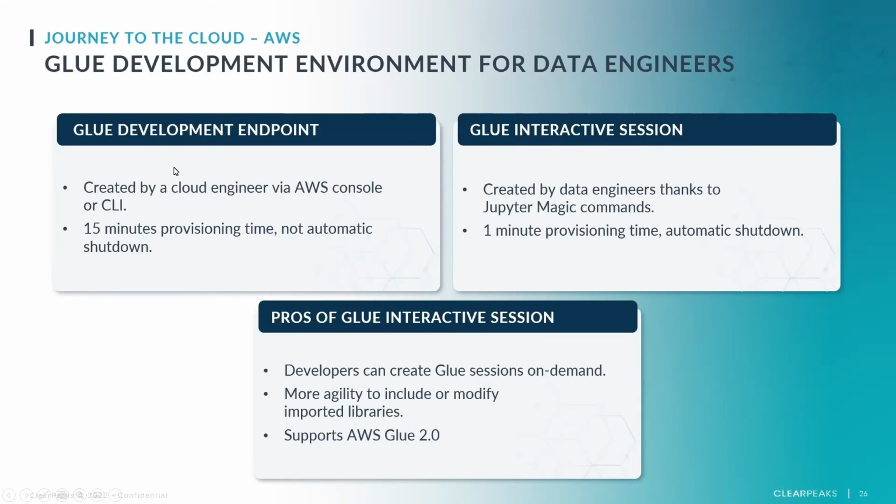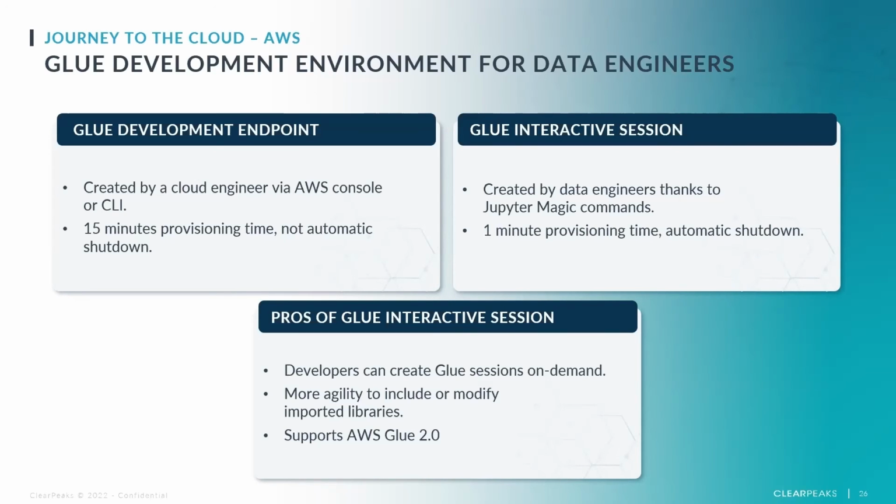So the legacy approach was the Glue development endpoint. That was basically a standalone cluster that Amazon deployed, an Apache Spark cluster, and you had to connect to it. This cluster was created by a cloud engineer via the console or Amazon CLI, and the provisioning time of it was around 15 minutes.